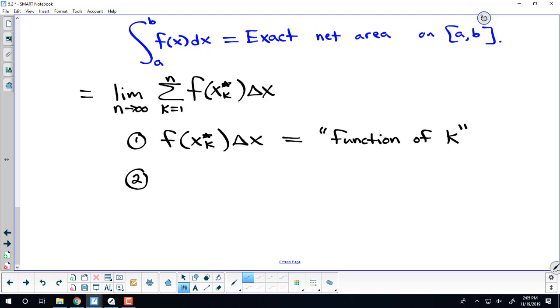But once we applied the sum to that from k equals 1 to n, and think about that one we computed by hand. Once I apply the sum from 1 to n to that function of k, what does that turn into? Is it still a function of k?